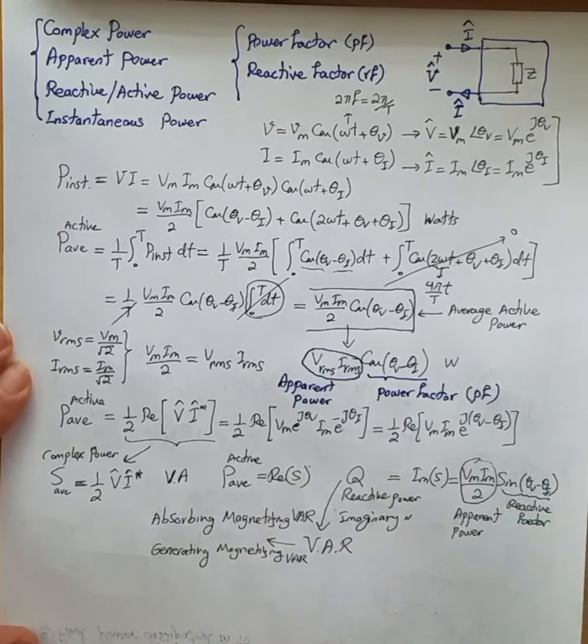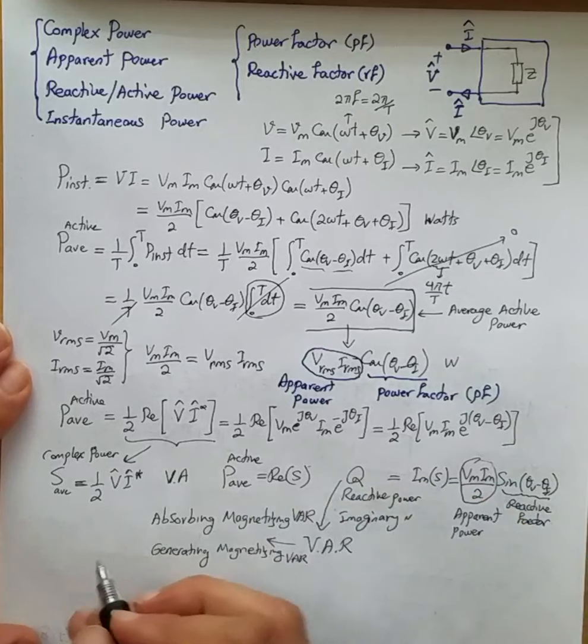Okay, I hope that you find this summary helpful in terms of clarifying the difference between complex power, apparent power, reactive versus active power. Reactive power, also referred to as imaginary power, or the power of the energy stored, and instantaneous power, and also the concept of power factor and reactive factor.